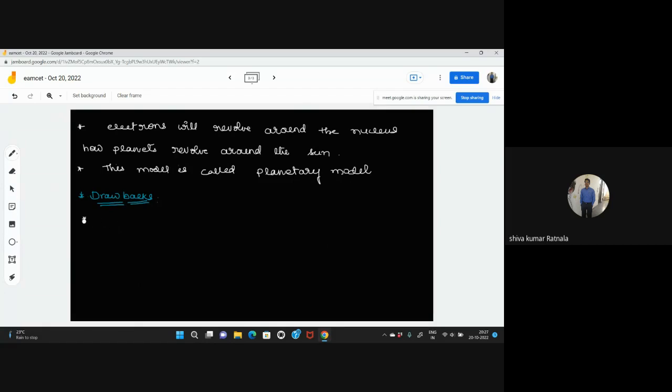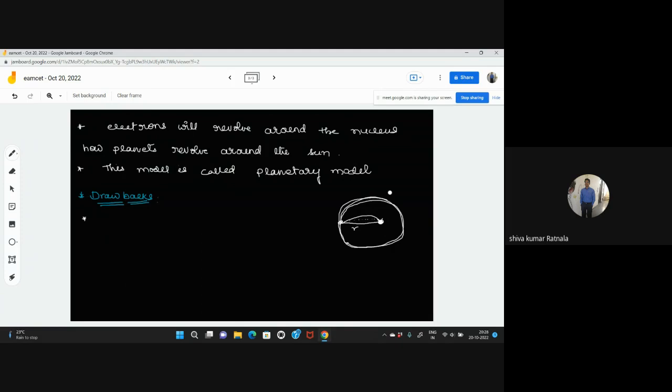The major drawback is, for example, according to the classical laws of physics, if a particle rotates around a center at some distance r, whether in circular motion or anything, the particle should gradually lose its energy, come nearer to the nucleus, and finally fall into the nucleus.